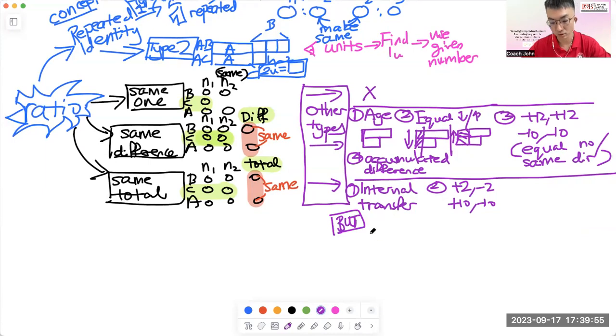That's when you need to draw. Remember, when you hear more than and internal transfer, so it's more than plus internal transfer, more than or less than.